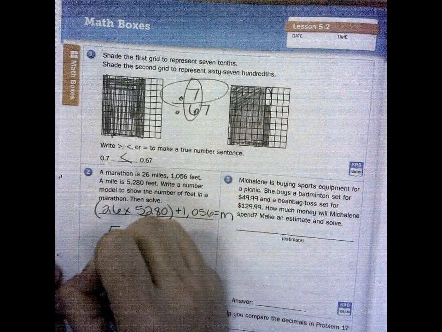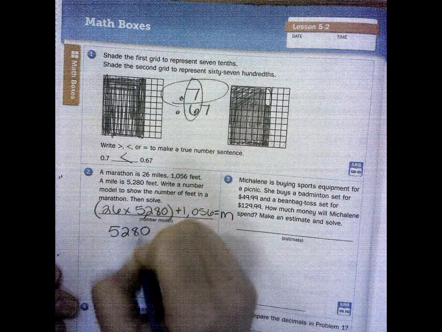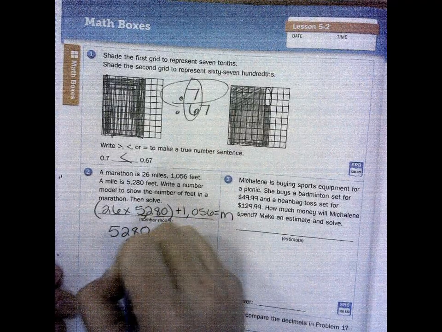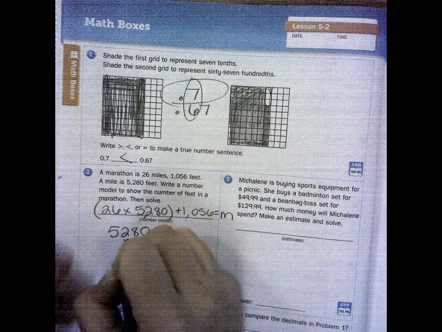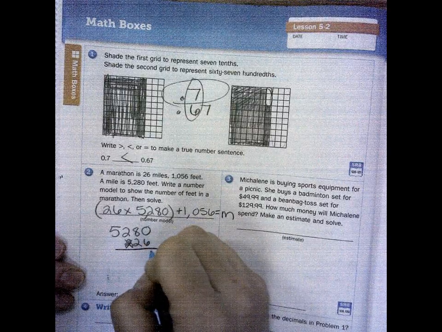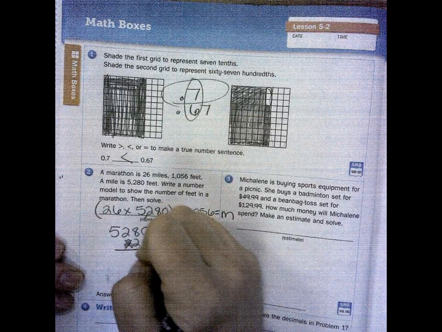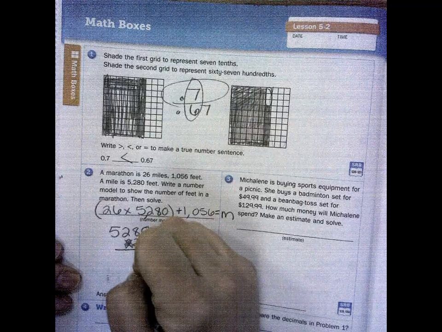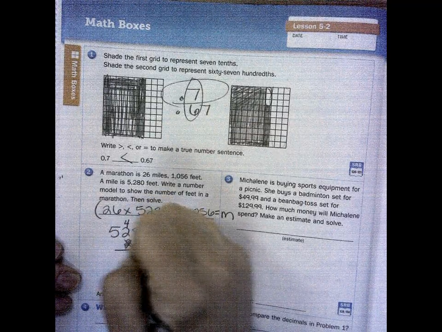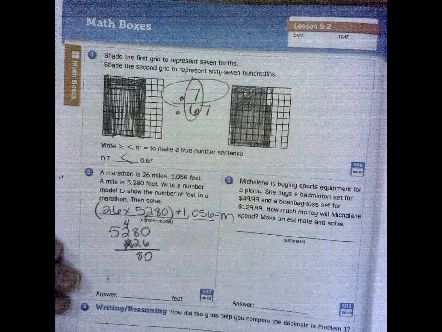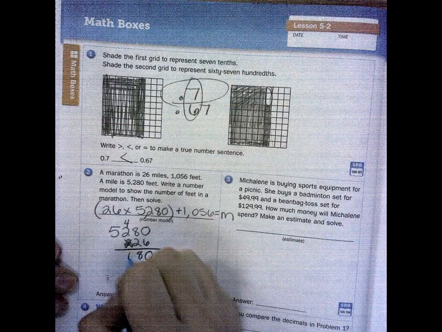So I'm going to take 5,280 and multiply it by 26. I always like to make sure I line up everything correctly. 6 times 0. 6 times 8 is 48. Regroup that 4. 6 times 2 is 12. Plus 4 is 16.